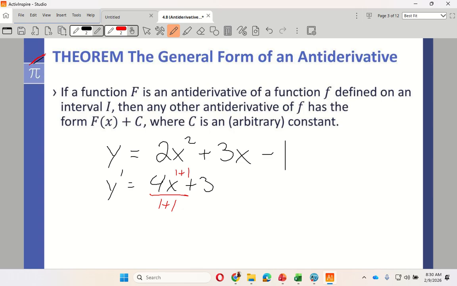Now, let's go to that 3. What did I do to that 3? Same thing. So what? Help me out. So it should be 0 plus 1. 1 plus 0. Okay. Is there a variable there? No. What happened to the variable going from here to here?